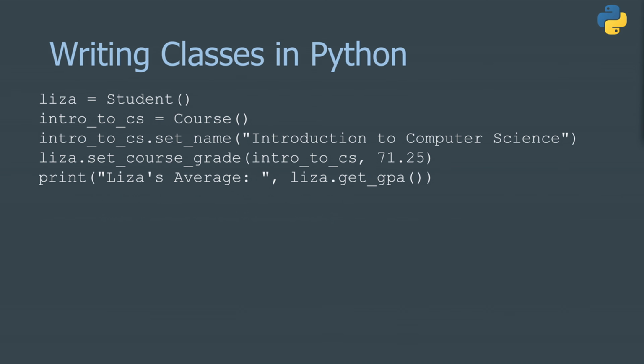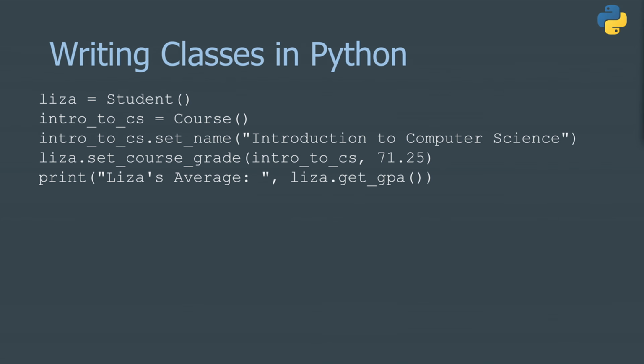How do you instantiate a class? Well, let's say, for example, I have a class student and a class called course. I didn't show you the course class yet, but I will show you later. But I can just create a new instance of the student class by literally just using it as if it were a function. So it kind of looks weird. But because I used a capital letter in the name of my class, it's obvious to me anyway that I'm not actually calling a function, but what I'm actually doing is I'm instantiating a class.